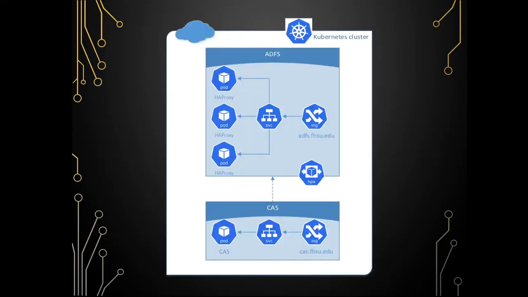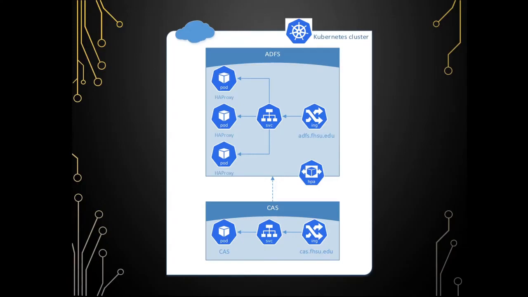We Dockerized the CAS server as well, set up a pod on GKE, and configured CAS as a relying party trust on ADFS. As a result, whenever a user accesses CAS, they are redirected automatically to ADFS for authentication. The added benefit is CAS becomes transparent for users.